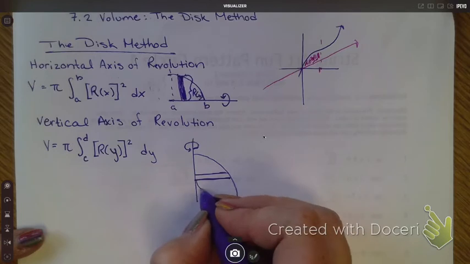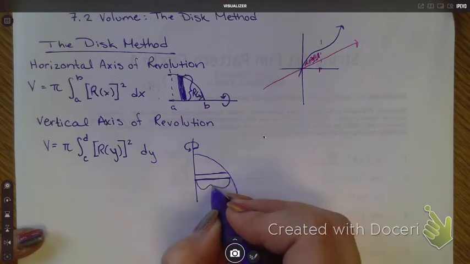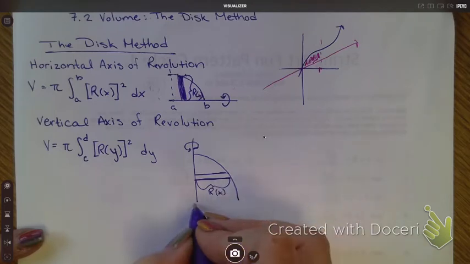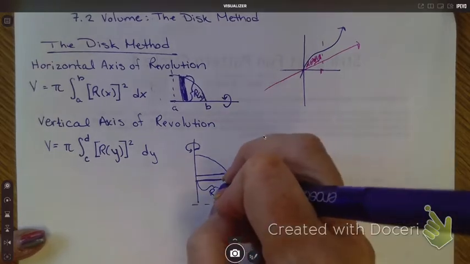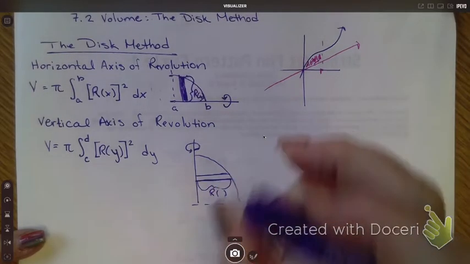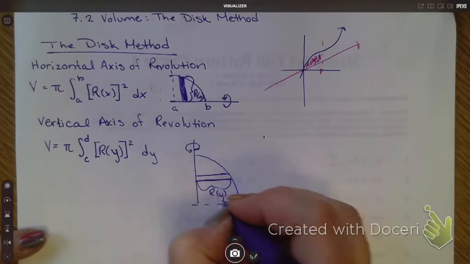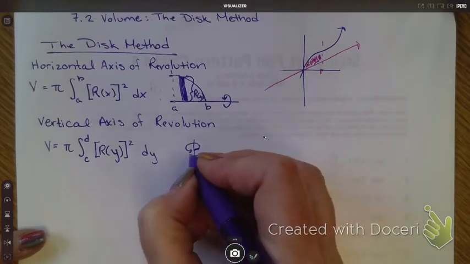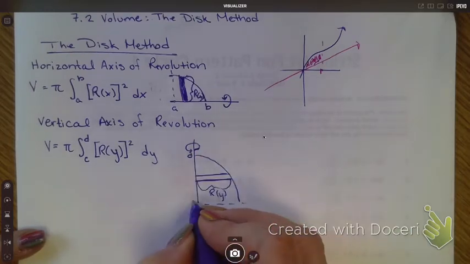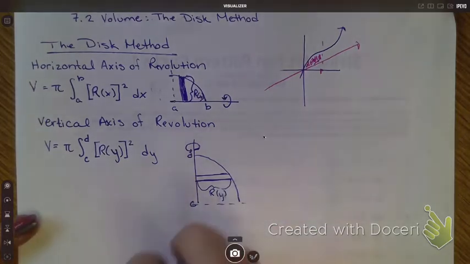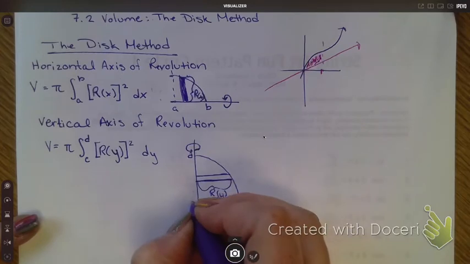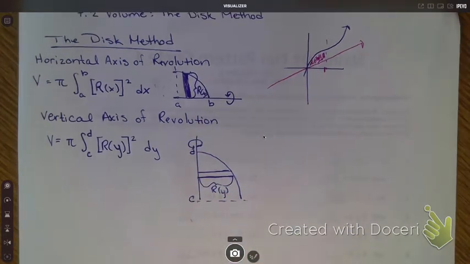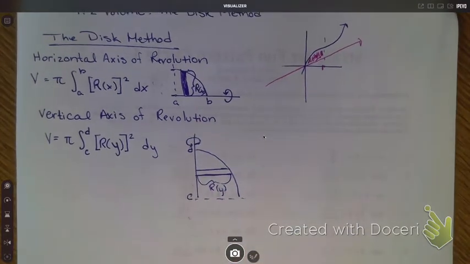So from here to here would be my R of X. Shouldn't it be R of Y? I mean R of Y, yes, it should be. R of Y. And this would be my D and my C. That looks like a G, doesn't it? Do the pictures help a little? Yeah.